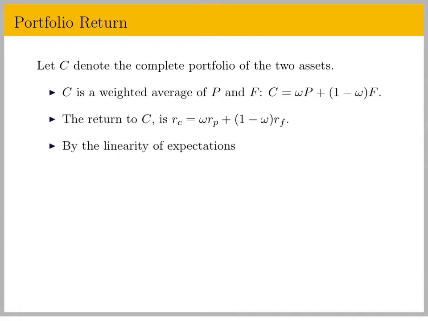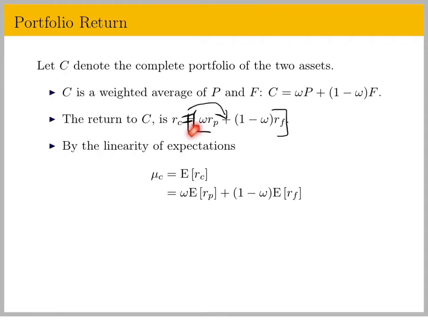Now, by the linearity of expectations, by the properties that we've previously studied, the expected value of the portfolio C, which is mu sub C, is equal to the expected value of R sub C. Substituting this definition for R sub C, that is equal to omega times the expected value of R sub P plus 1 minus omega times the expected value of R sub F, where what we've implicitly done here is taken the expectation around the whole thing first, and then by the properties of expectations, we've moved the expectation operator to each one of the terms and pulled the constants omega and 1 minus omega out.